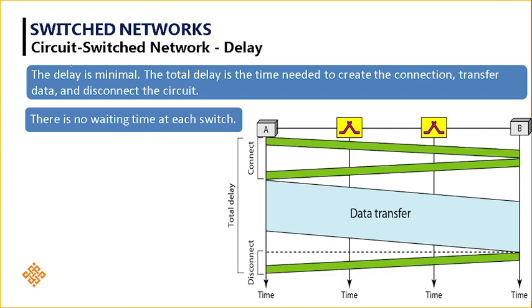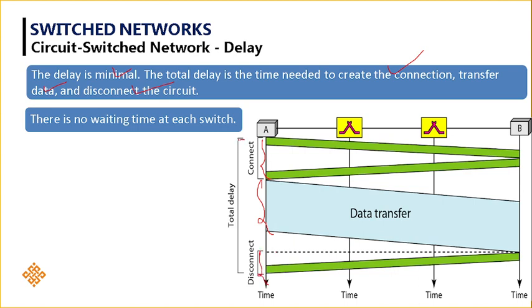Whereas in case of circuit switching, the delay is very simple. It is very minimal. The total delay is nothing but the time needed to create the connection, that is, from A to B, the time taken to get the connection, then the time taken to complete the data transmission, and lastly, the time to disconnect the circuit, meaning to close the connection.